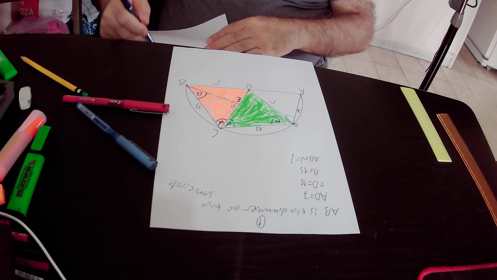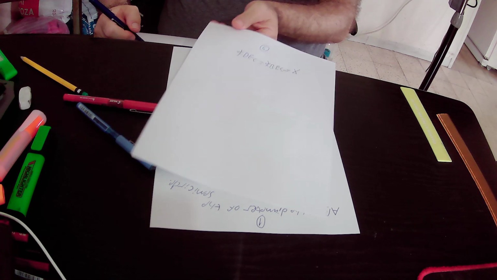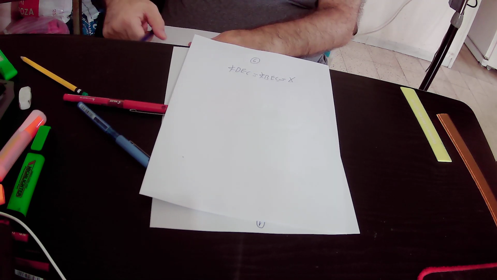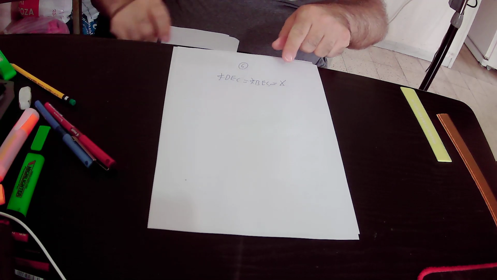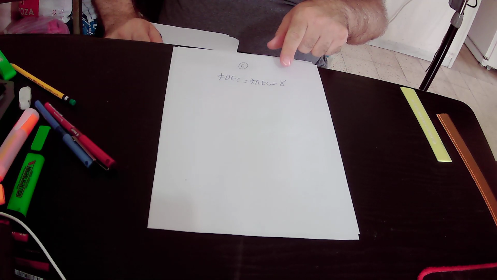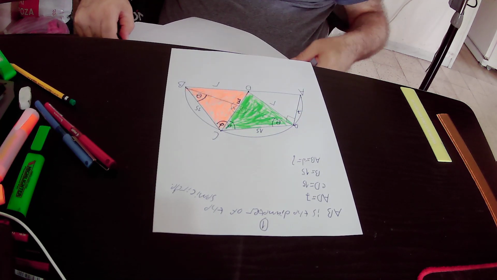So angle DEC equals angle BEC, and both those two angles are equal to x according to our definition.